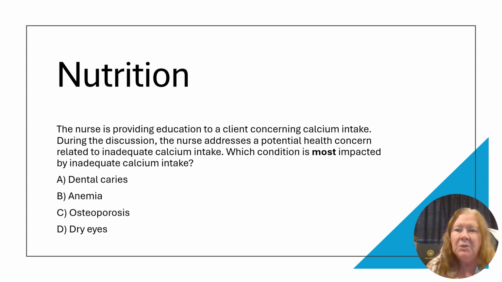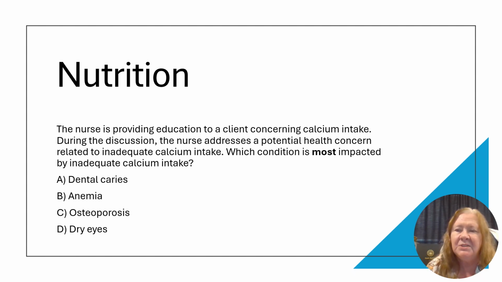Okay, and on this one, the correct answer is letter C, osteoporosis, with an inadequate calcium intake. Osteoporosis is a condition where there's a reduction in bone density, mostly in older women.